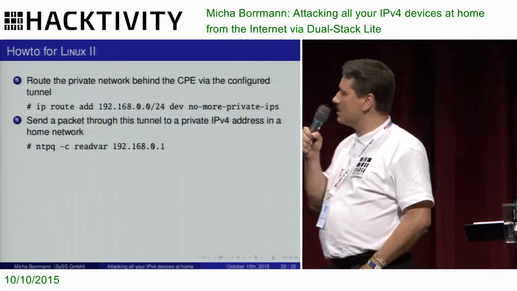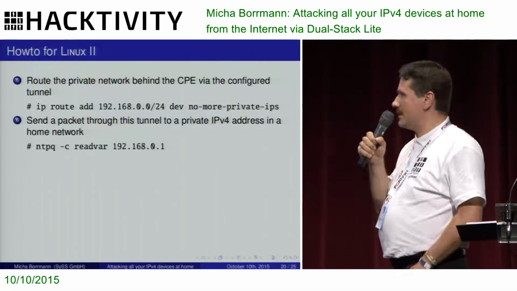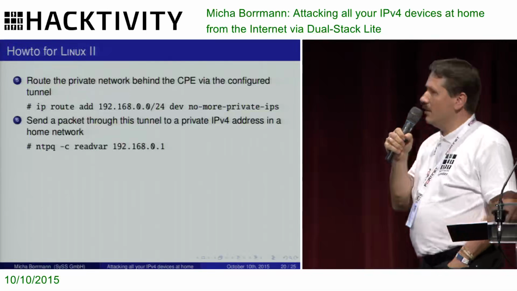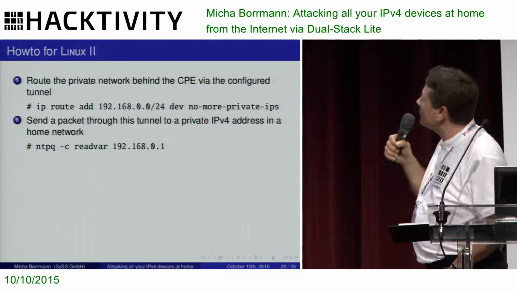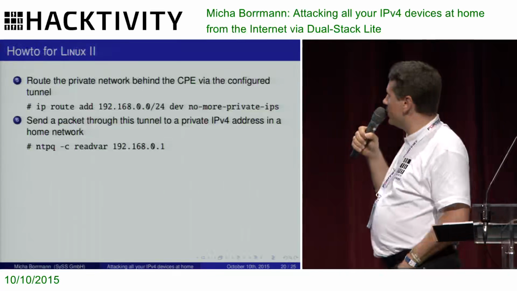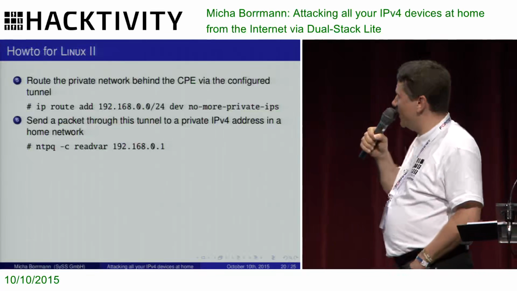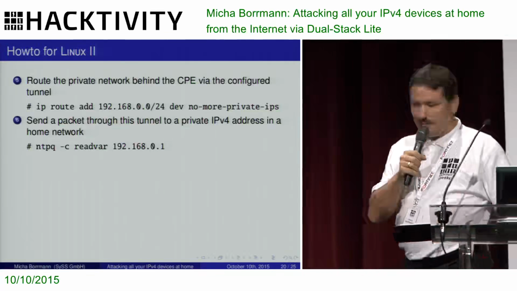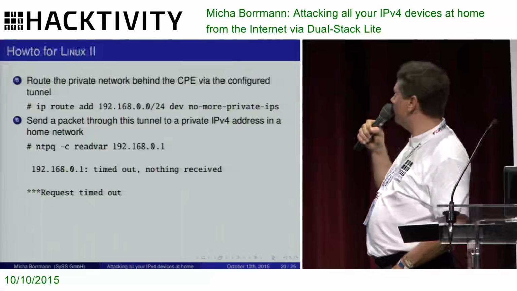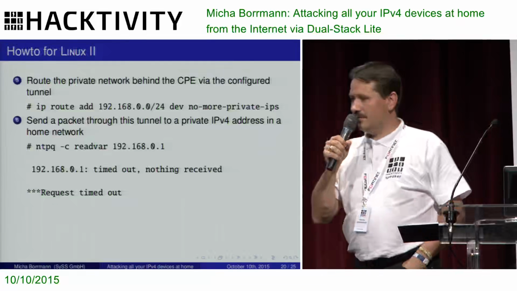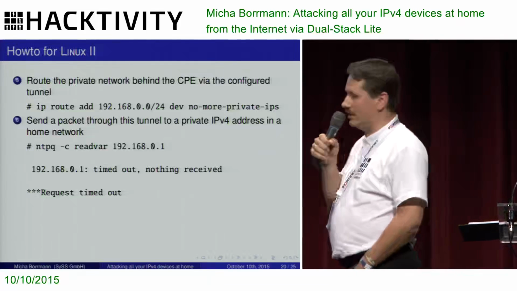NTP is only one packet. It reads some information from an NTP service, and I run this program from a system on the internet against a private IP address. But, oh, request timed out. It doesn't work.